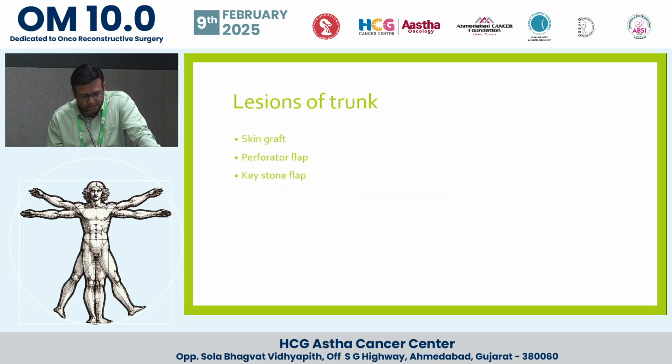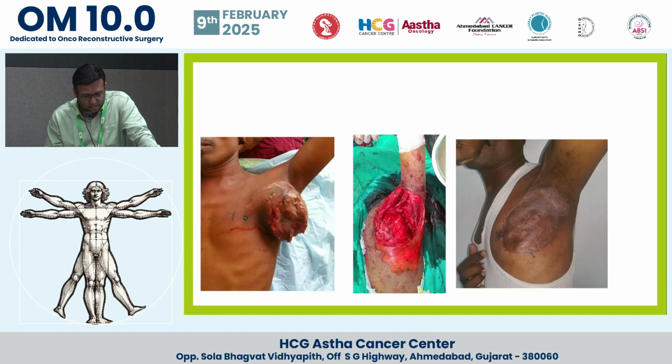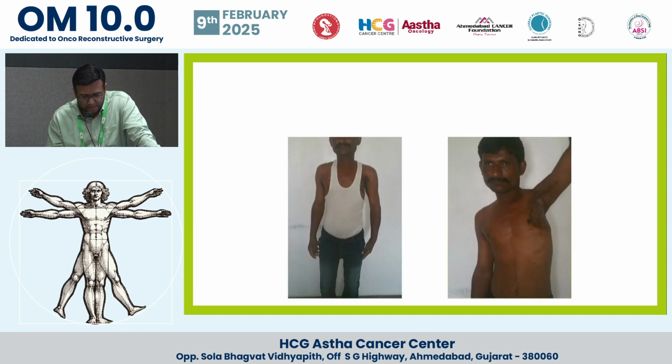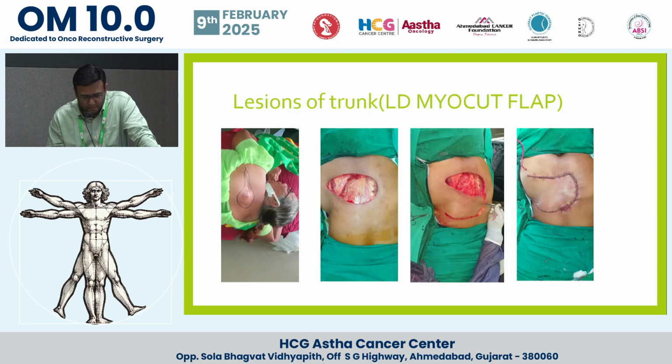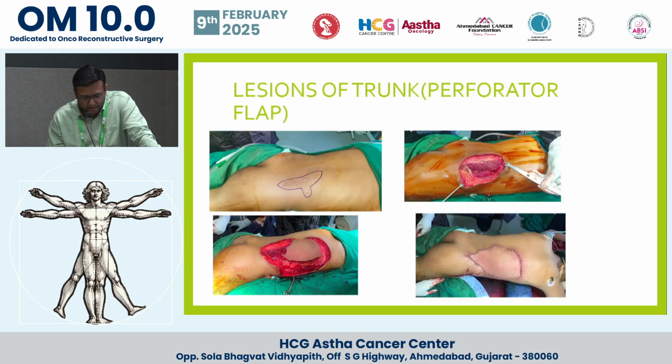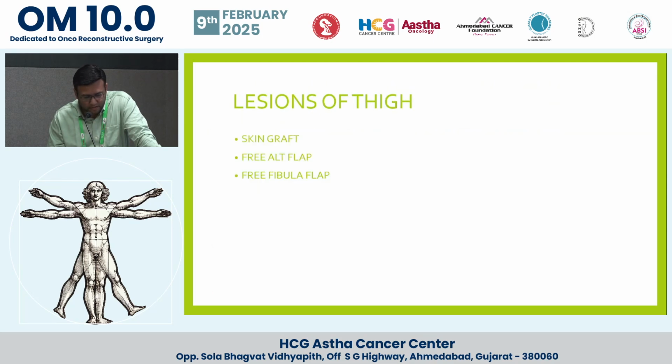For lesions on the trunk, skin graft, perforator flaps and keystone flaps are the options, as yesterday sir has discussed. We can do skin graft in some cases where radiation is not needed. For lesions over the back, large rotation and perforator-based flaps, LD flaps, and keystone perforator flaps can be used.